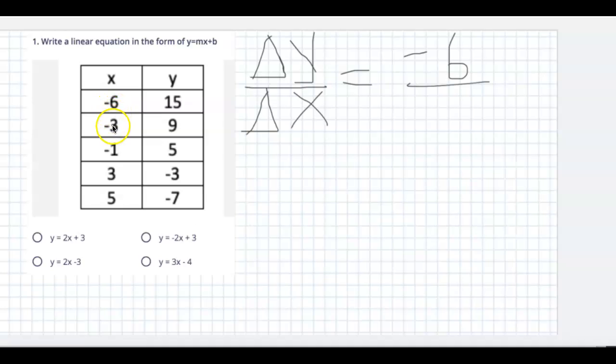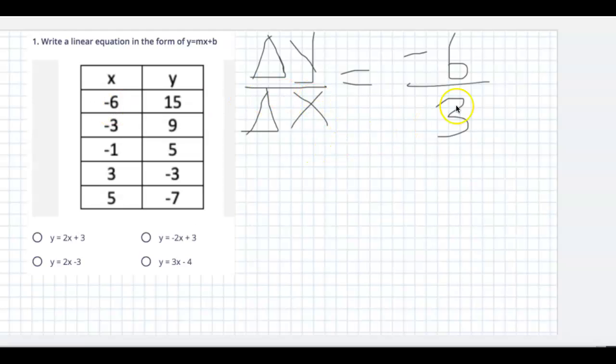So from -6 to -3, how many spaces are between those two numbers? So it's 3. There are 3 spaces in between -6 and -3. You can simply do the jumps from -6 to -3, or you can subtract -3 minus -6, which becomes -3 plus 6, which simply means 6 take away 3.